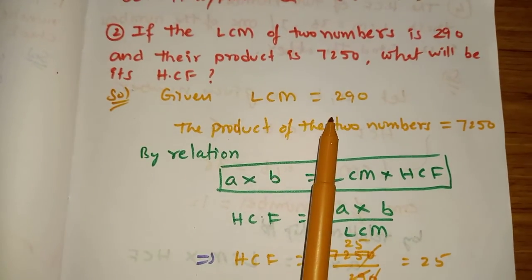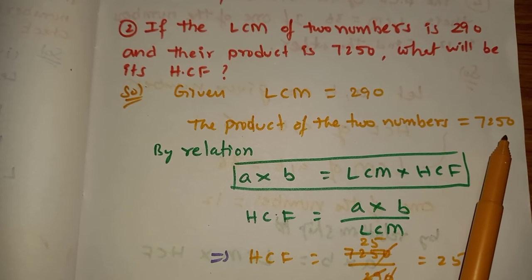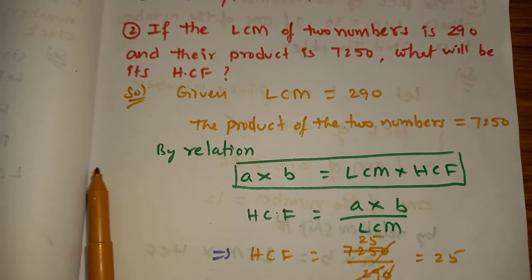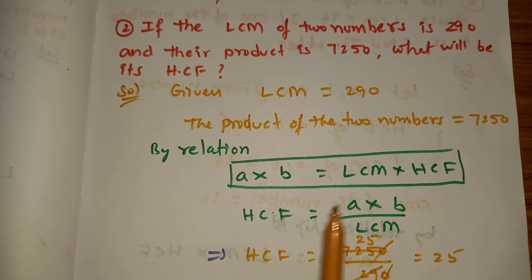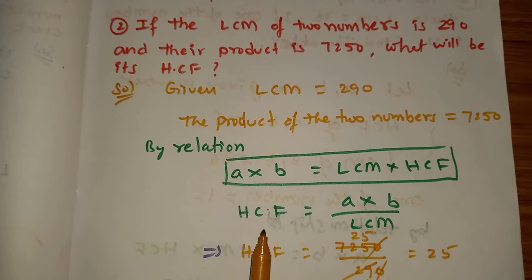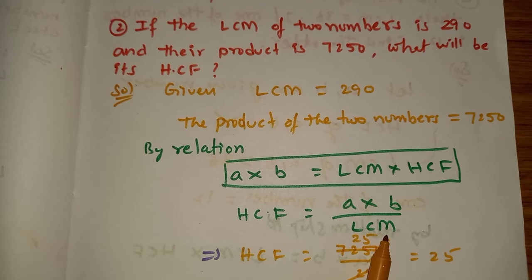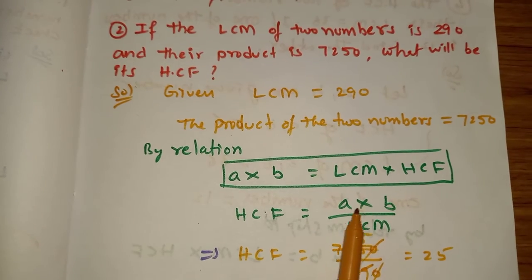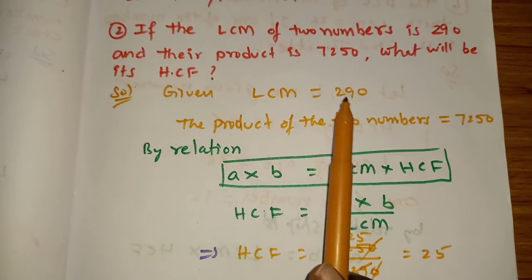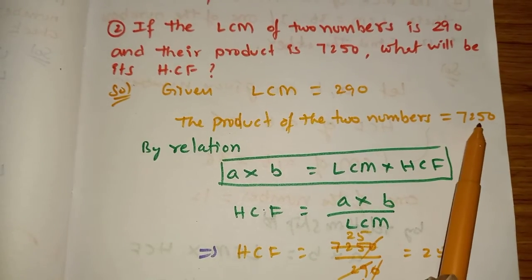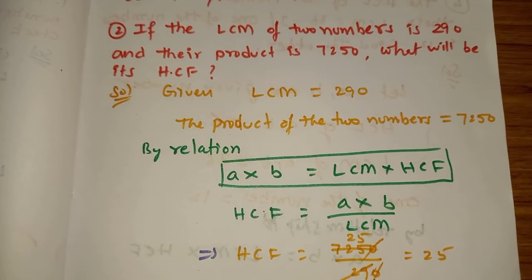Given LCM equal to 290 and the product of two numbers equal to 7250. By the relation, A cross B is equal to LCM into HCF. Now we need to find HCF. By transposing LCM to the left-hand side, it will come under the denominator. HCF is equal to A into B by LCM, that is the product of the numbers, 7250, by 290, that is LCM.